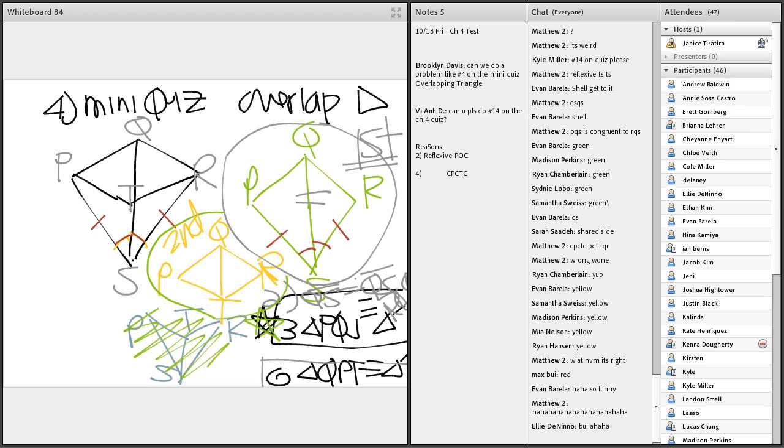So now for step 4, I'm writing it in the middle, I don't have room: segment PQ is congruent to segment QR, and the reason is by CPCTC.